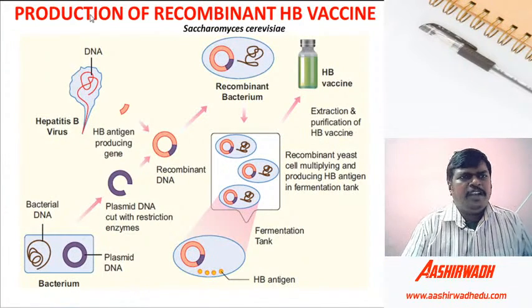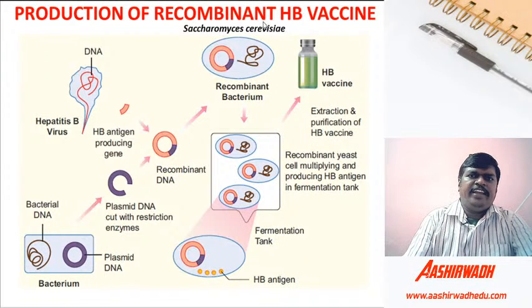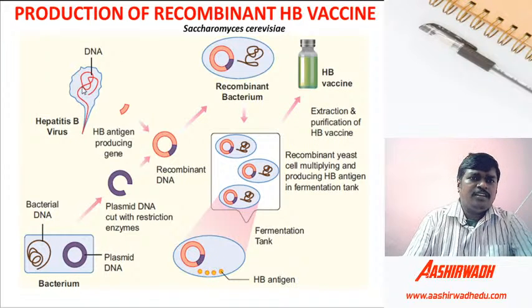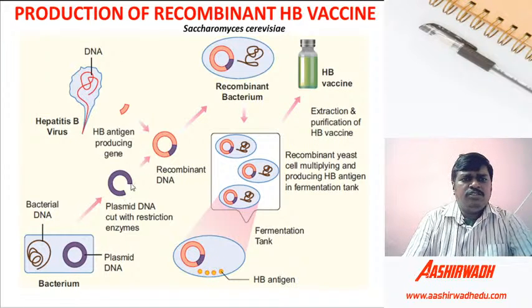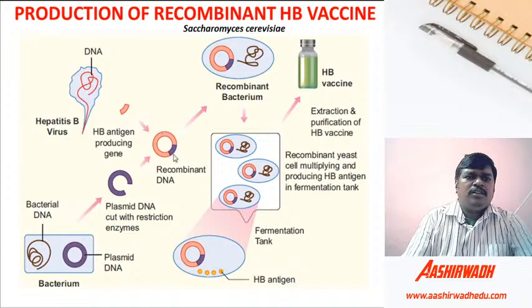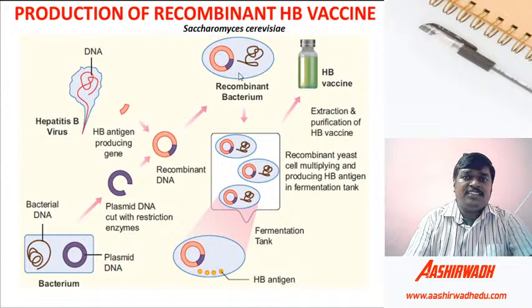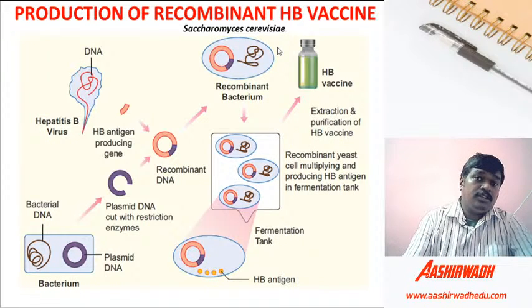Now we are going to explain the production of recombinant HB vaccine. For that, they take the HB antigen producing gene and introduce it into the plasmid. Now it becomes recombinant DNA. This recombinant DNA is inserted into the host cell. The host cell, as I mentioned earlier, is Saccharomyces cerevisiae, the yeast.